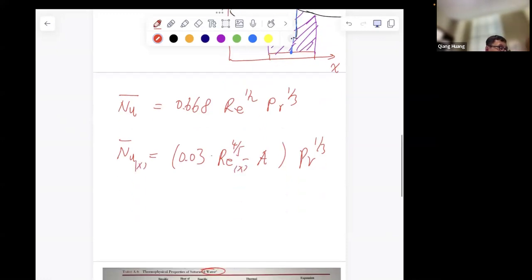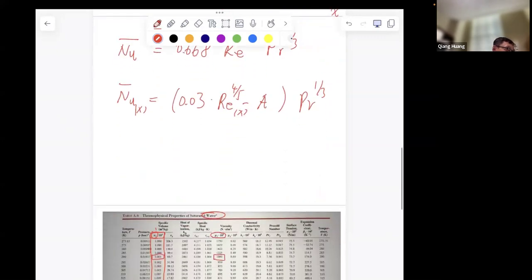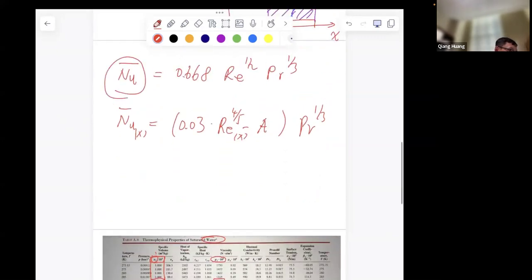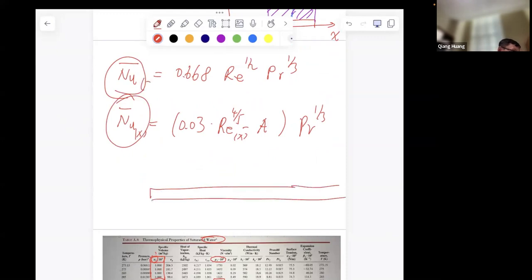And then if you use this, you have to be very careful because these average numbers are an average. This average number as a function of x is an average from x initial equal to 0 to a position of x.